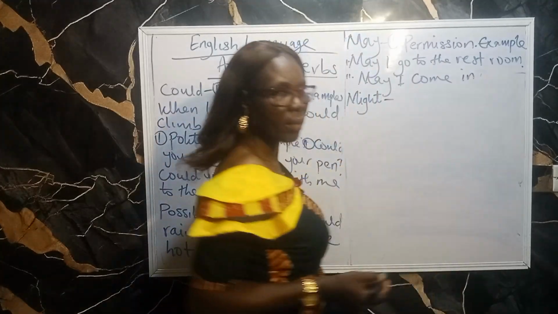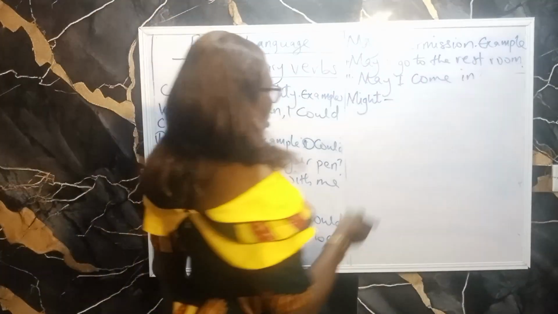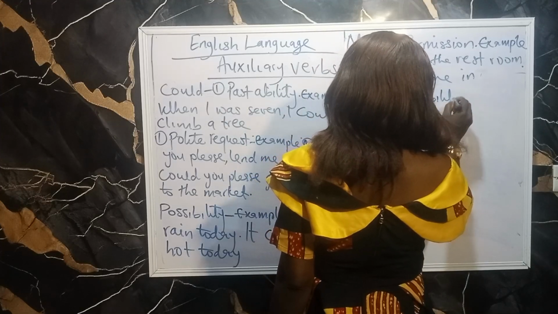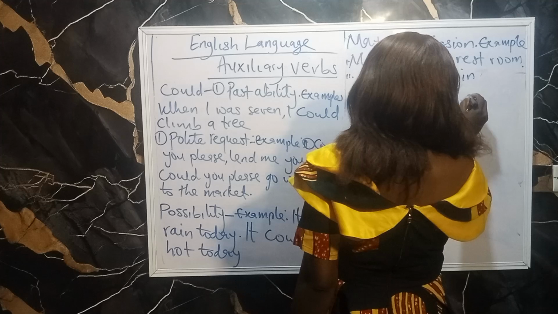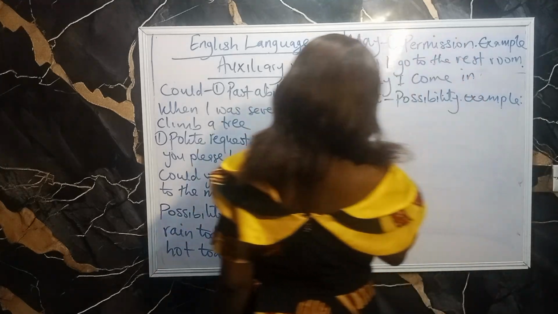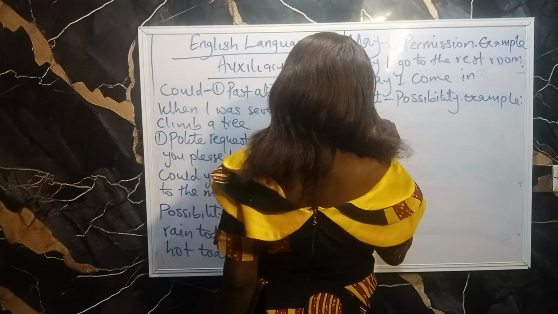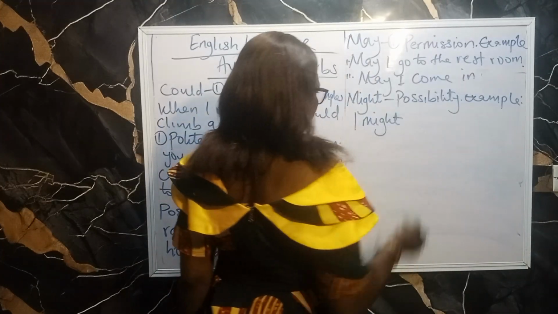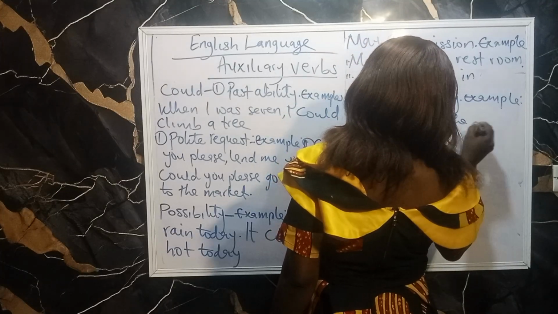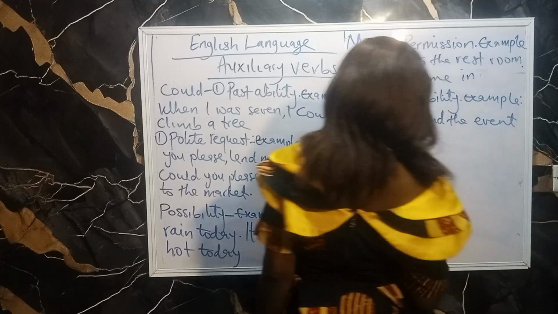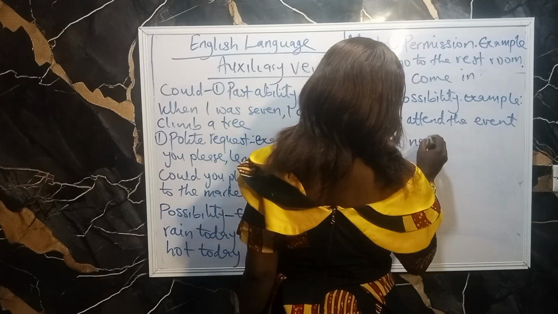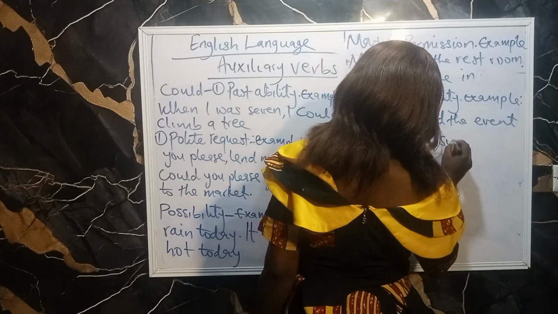Then might. Might can also be used for possibility. Possibility. Example. I might attend the event, but I'm not sure.